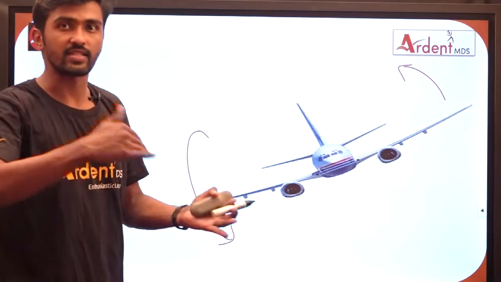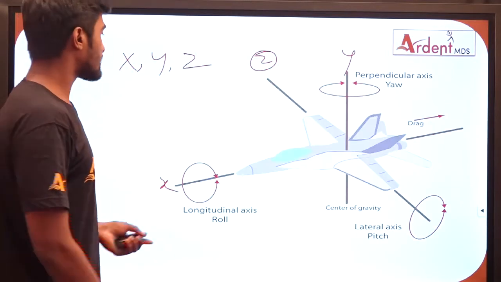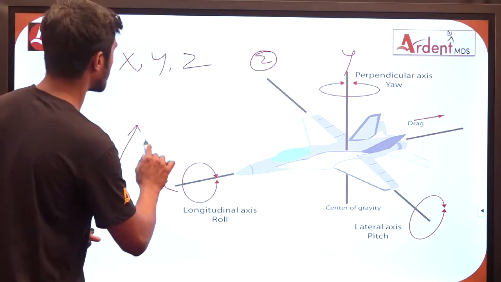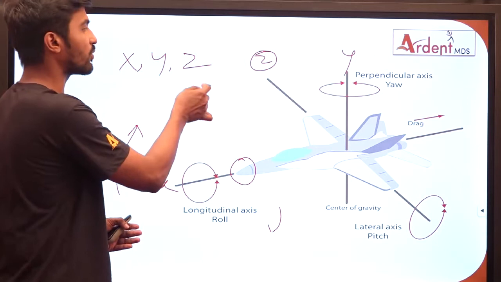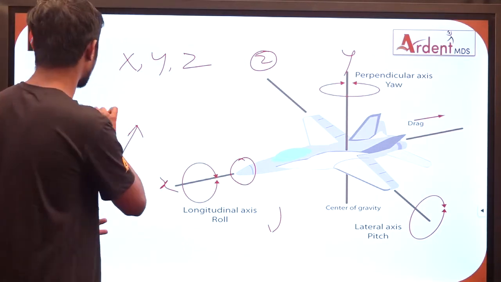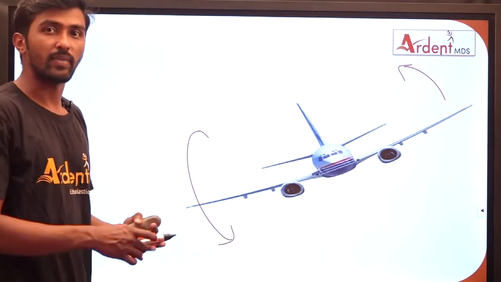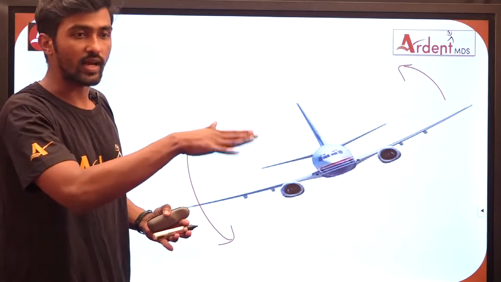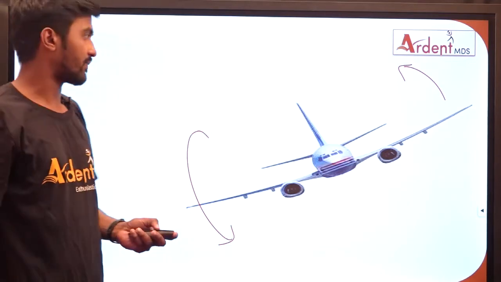Let us see that in subsequent discussions. Whereas this is called pitch of the plane: the nose part of the plane can either go upward or downward during takeoff or landing. And turning the direction of the airplane by making one wing down and the other wing up, either right or left side, is called rolling of the plane.